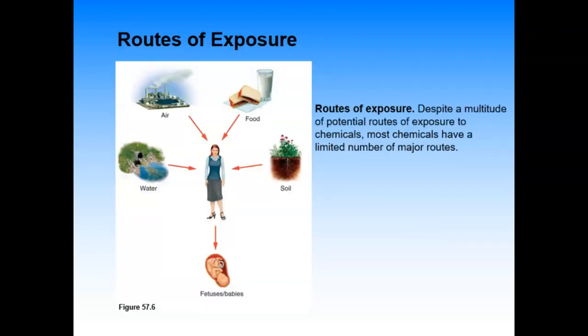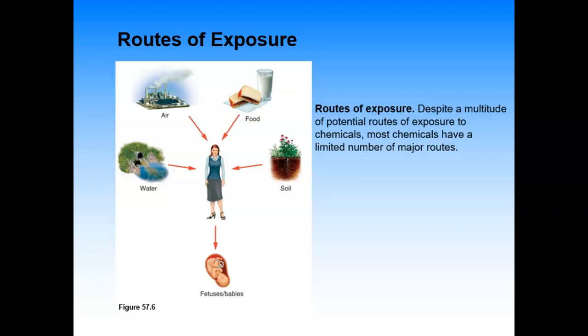And there are different ways that we can be exposed to harmful chemicals, right? We can have air pollution. The food we might eat might be compromised in any way, right? There might be some soil pollution. Our fetuses or our babies can be affected by certain chemicals that we can be exposed to. And of course, water pollution can lead to us being exposed to certain chemicals.